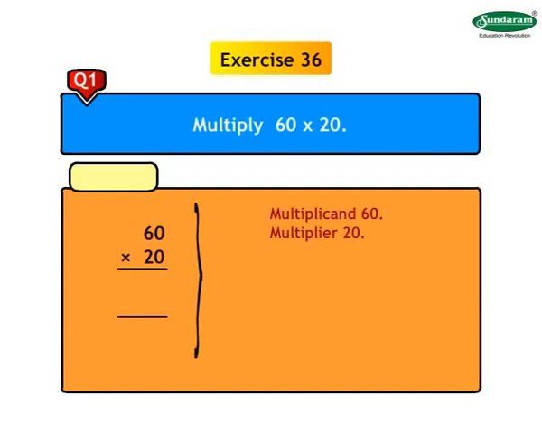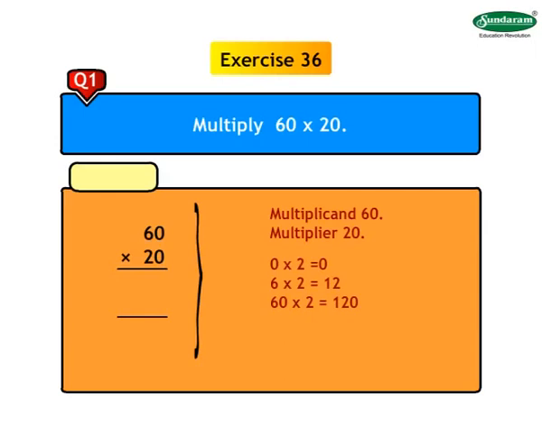The product is 0. Then, multiply the multiplicand 60 by 2 tens of the multiplier 20. The product is 0 into 2 is equal to 0. 6 into 2 is equal to 12. Therefore, 60 into 2 tens is equal to 1200.